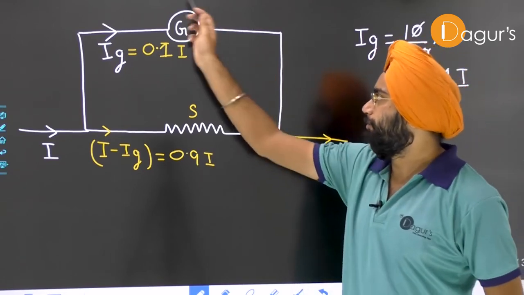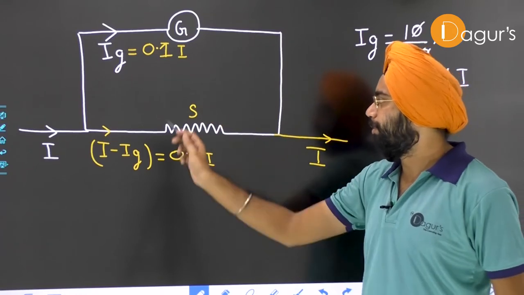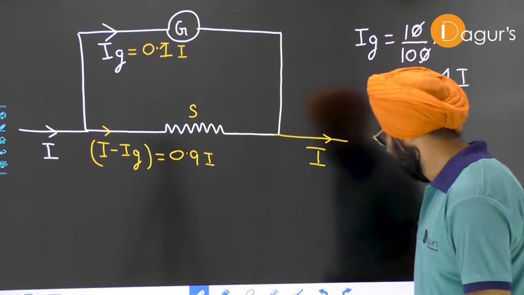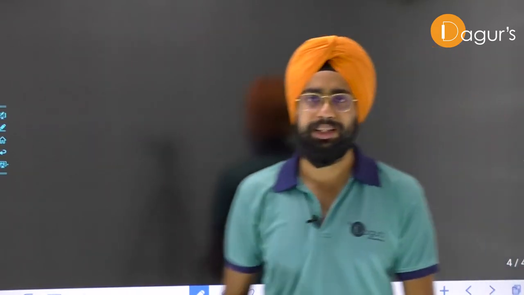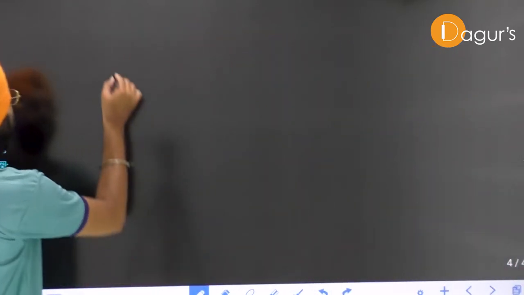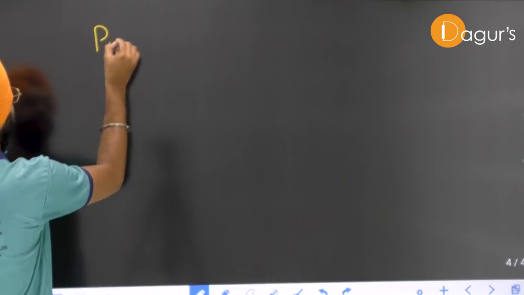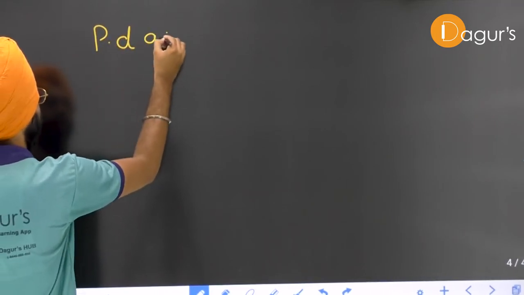So the potential difference across G will be the same as the potential difference across S. What is the potential difference across G?